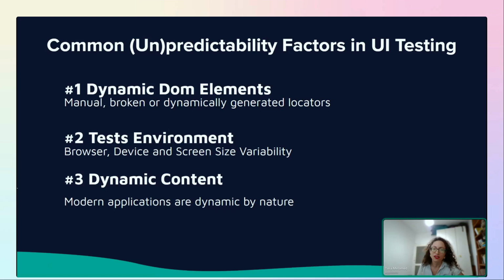Last but not least is that by nature, the modern application includes a lot of dynamic content. The dynamic content can result from either supporting multiple languages or validating different user input variations that lead to changes in the behavior of the app.